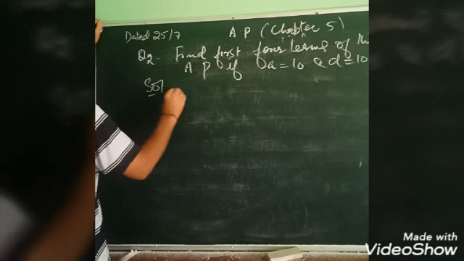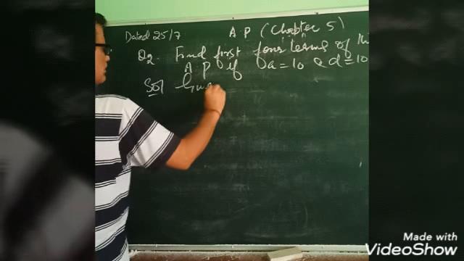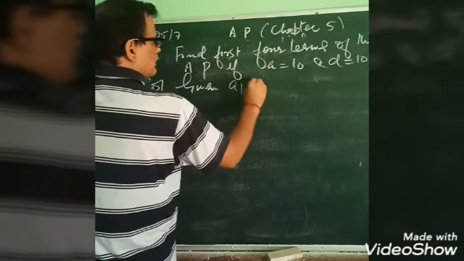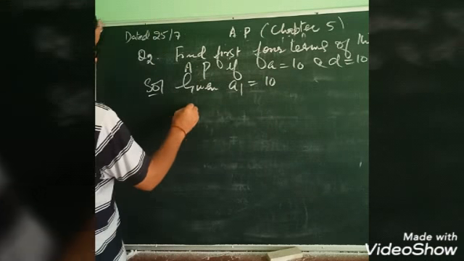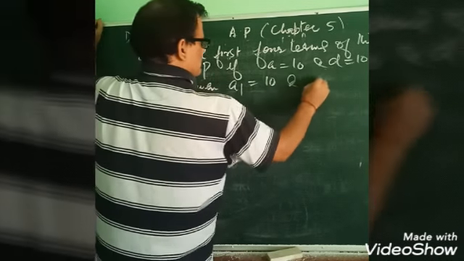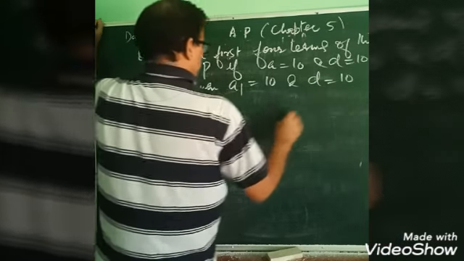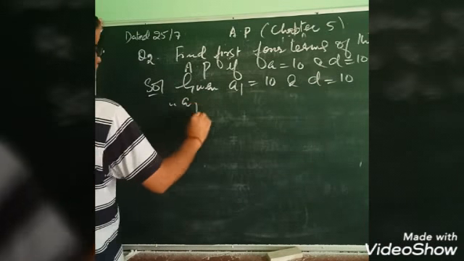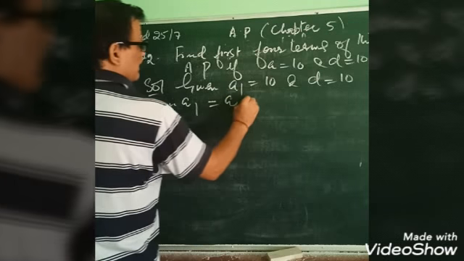Solution, given. First term A1 is equal to 10 and common difference D is equal to 10. Therefore A1 is equal to A, that is equal to 10.